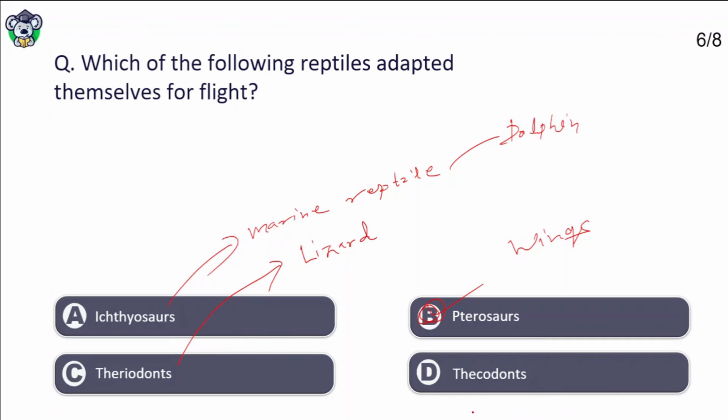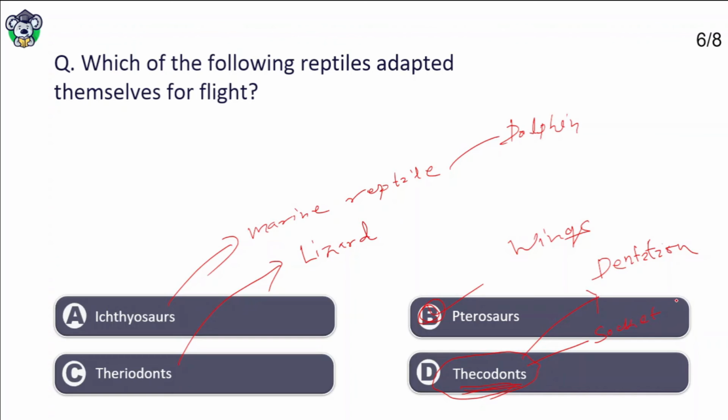What is thecodons? This is the oldest term. This might not come. Thecodons is a dentition morphology, you may say. The dinosaurs were divided by dentition pattern, and these thecodons had socket teeth.